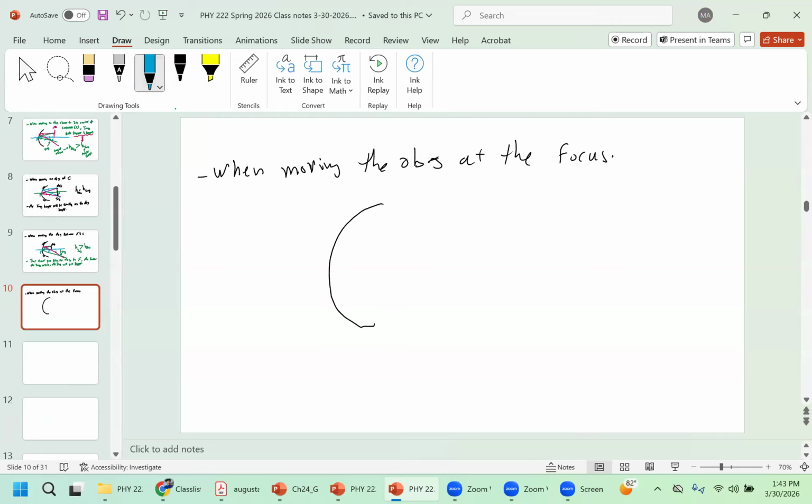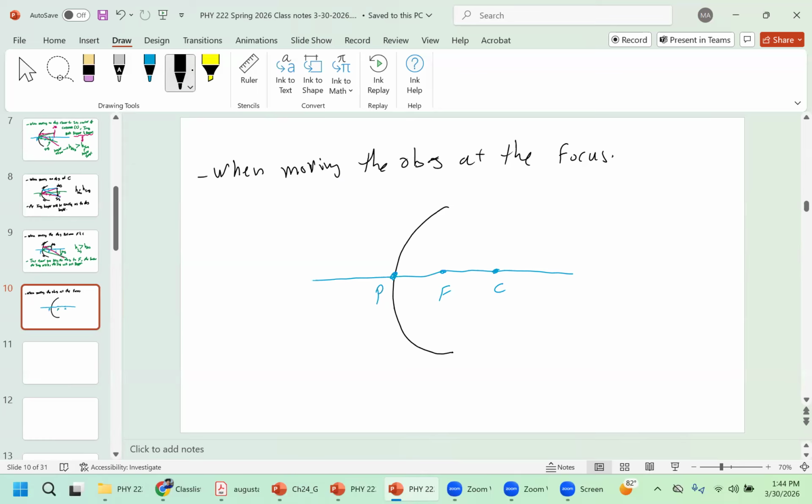I don't like it. Still don't like it. So here's the principal line. Again, this is my principal axis. Here's my P. Here's my focus. And here's my center of curvature.